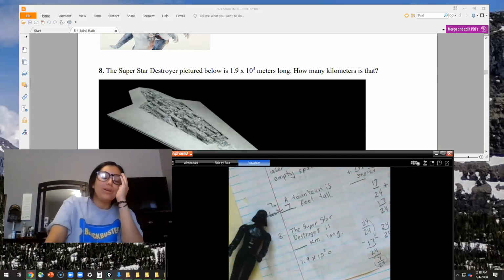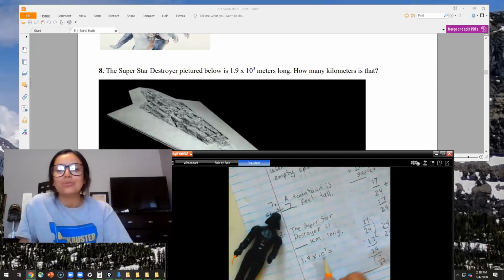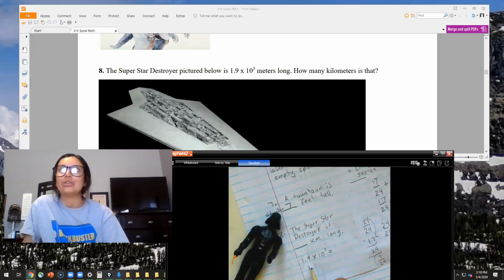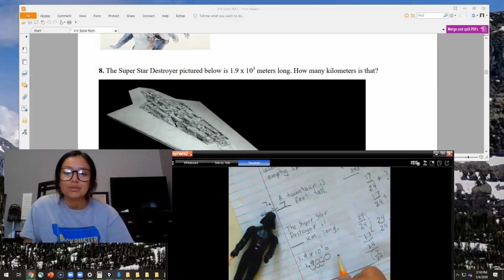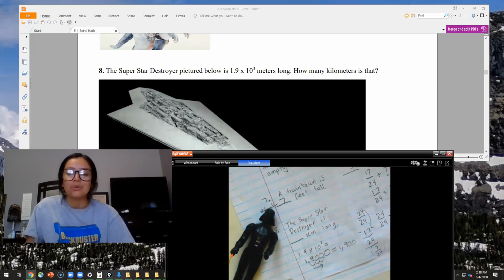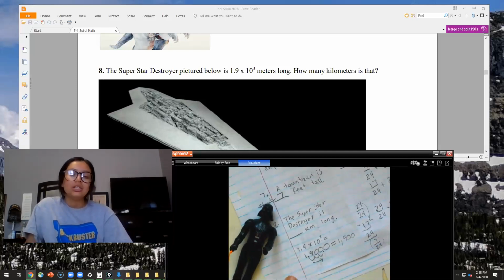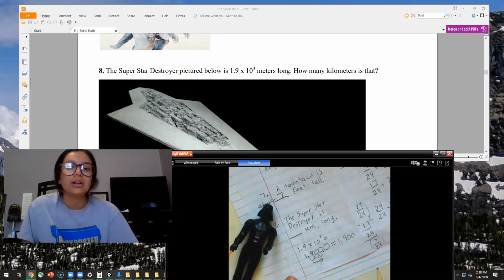We know 10 to the 3rd is 1,000, so we need to move the decimal over 3 place values to the right. Just like Mr. Yates did, we annex a couple zeros as place value holders. So that gives you 1,900 meters.